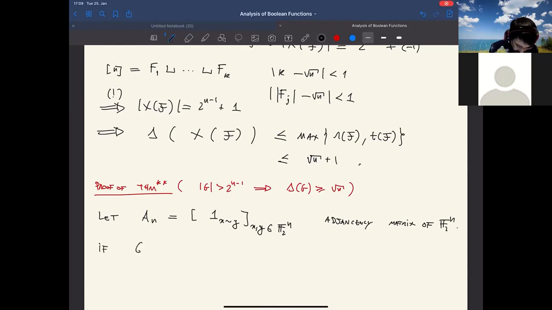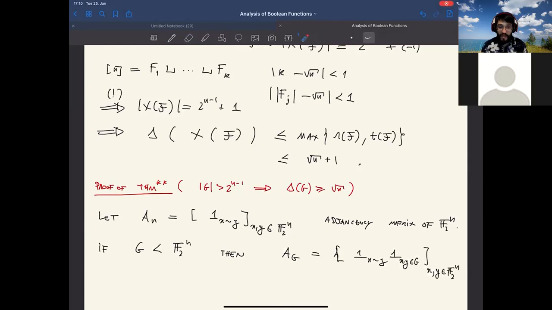And so if G is a subgraph, then A_G, which will be again the adjacency matrix of G, you can see a subgraph as a sub-principal matrix of the adjacency matrix of the graph that contains this graph.